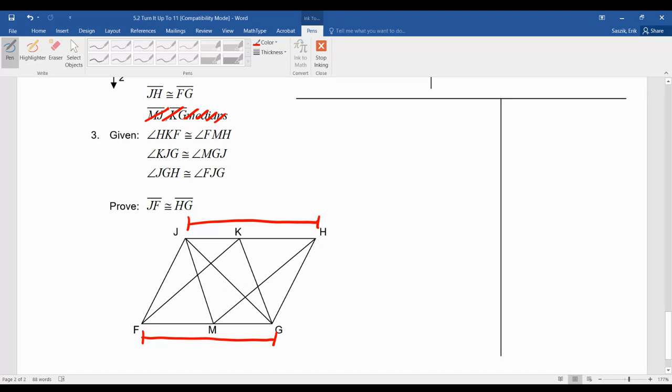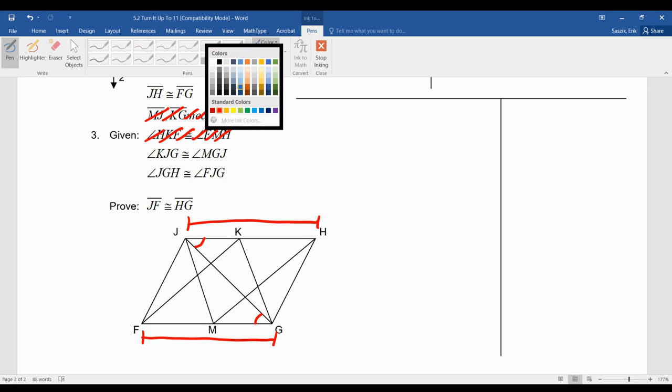It says that angle, we don't need this one either. We have angle KJG, this angle here, congruent to MGJ.